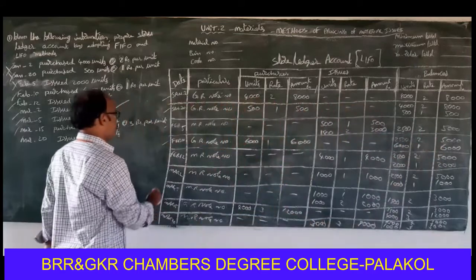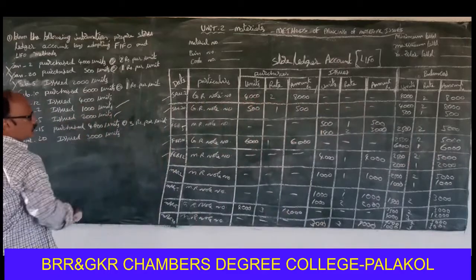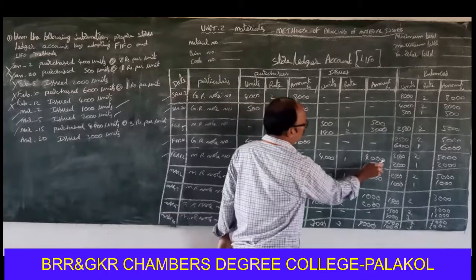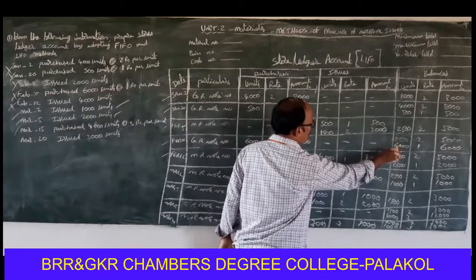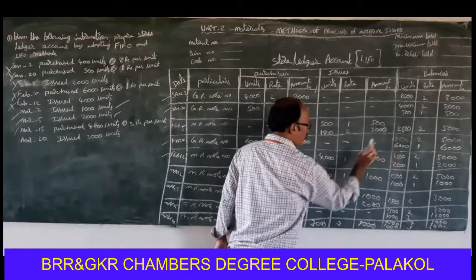Next, February 12th: issues 4,000 units. Issuing 4,000 units means last in, first out. This one is the last in, that's why it goes first out. From this we issued 4,000 units.